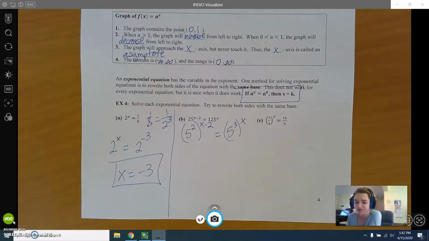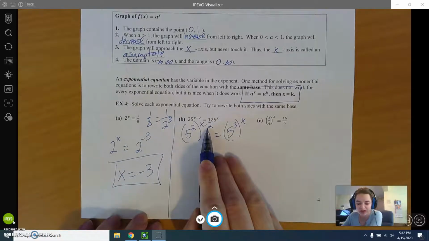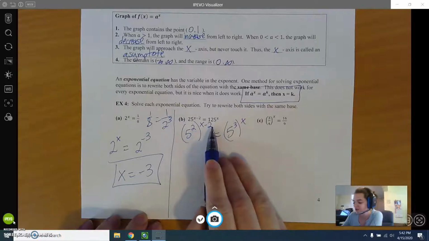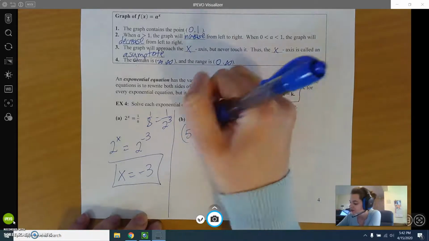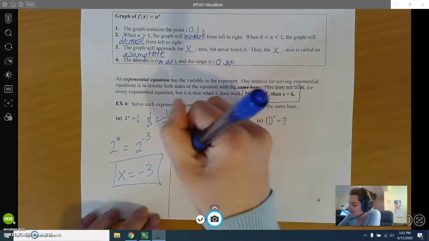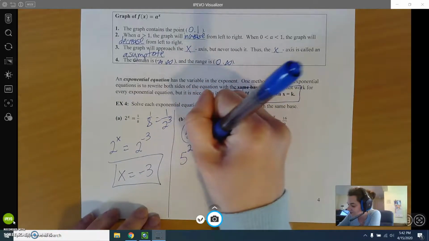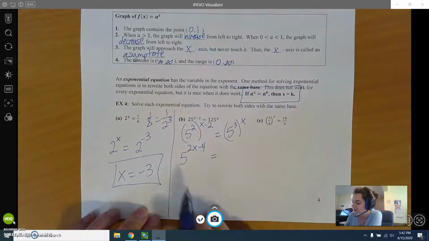Then what you're doing with exponents is using the power rule, because I have an exponent raised to an exponent, right? So when you have an exponent raised to another exponent, we multiply those together. So I'm going to multiply these together, and I will have to distribute, okay? So that'll be 5 raised to the 2x minus 4 on the left side.